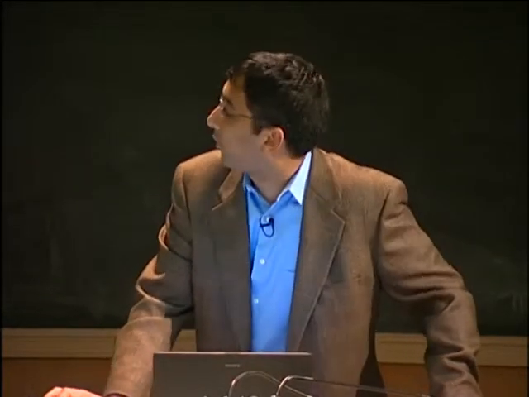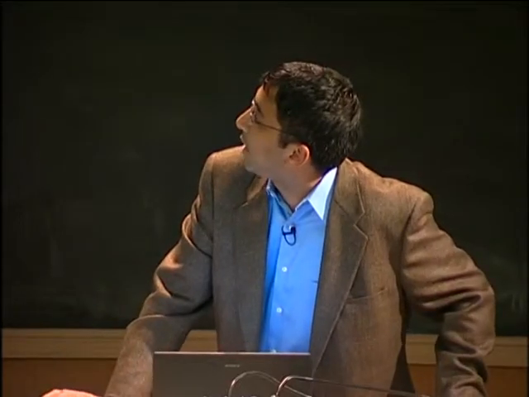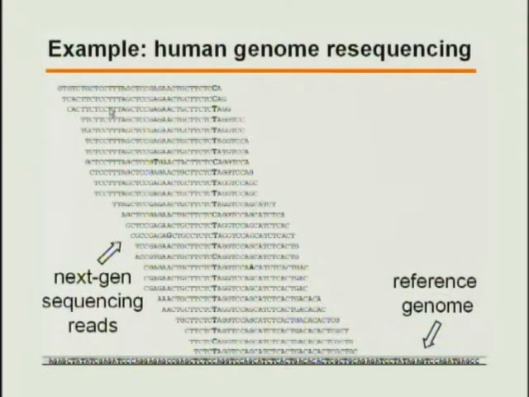So here's just a screenshot of some data. This is human genome resequencing. Down here at the bottom, we have the reference human genome. The nice part about applying these new technologies is that even though the reads are short, it doesn't matter much in the context of trying to resequence individual humans, because we already have a reference genome from which we deviate only slightly as individuals.